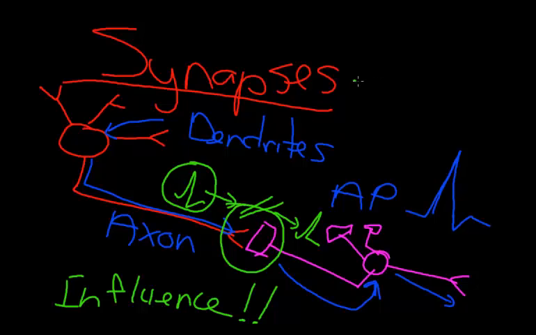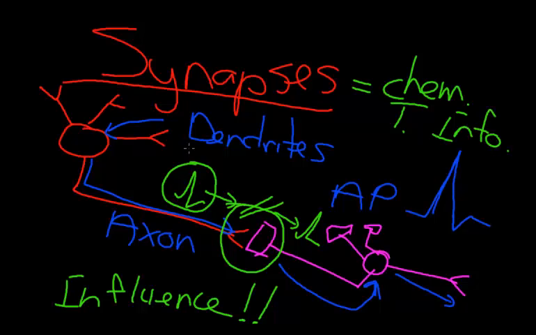So in short, a synapse is a place where chemical transmission of information happens. And the reason for having this change in process is to allow us to influence whether information flows or not.